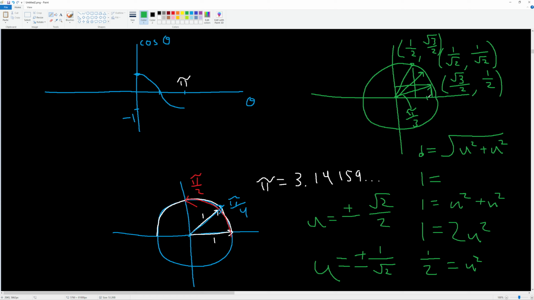This distance along the x-axis is clearly larger than this distance along the y-axis, which means that our x value should be bigger. So that's how you remember which is which. And so this is going to be for pi over 3, and pi over 6 is the smaller one. Or sorry, is this pi over 3? Yeah, it's pi over 3.